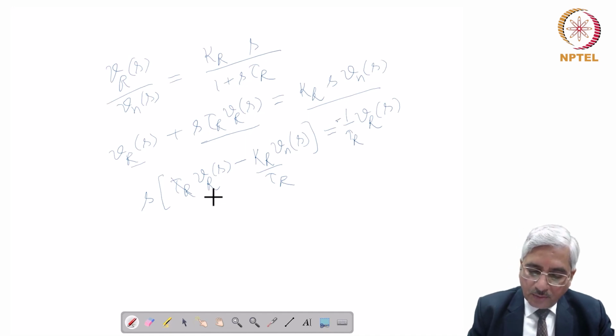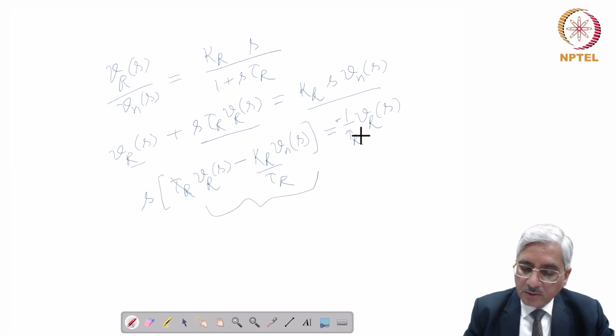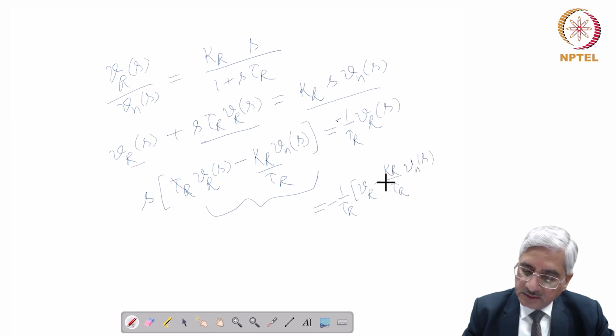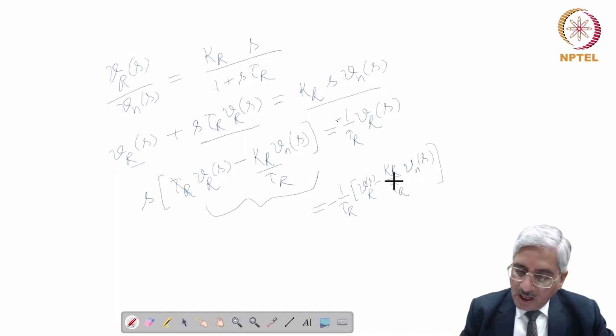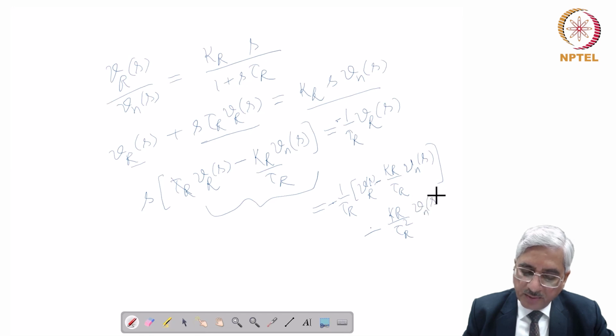And what we do is we want to identify this as state variables. So we rewrite that other side as Vr minus Kr by tau r into Vn(s). We force write this term, and that means that we have to, because this is minus sign, this is minus sign, so it is added, so we subtract Kr by tau r square Vn(s) to keep it balanced.